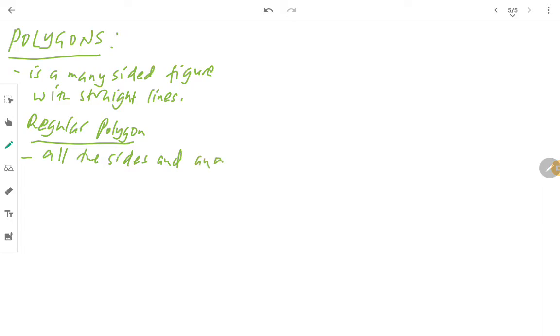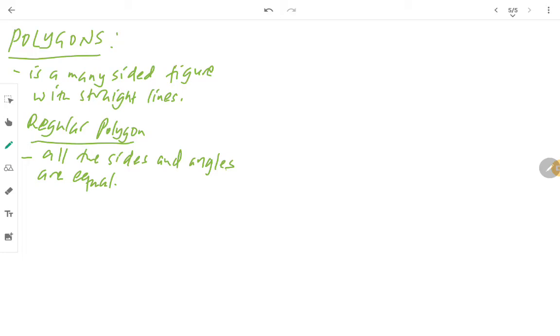So all the sides and angles are equal. That's a regular polygon.